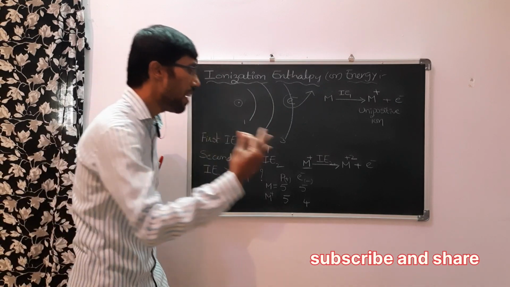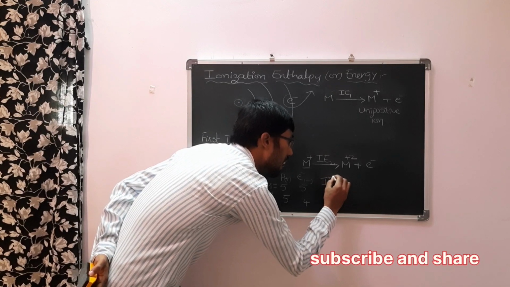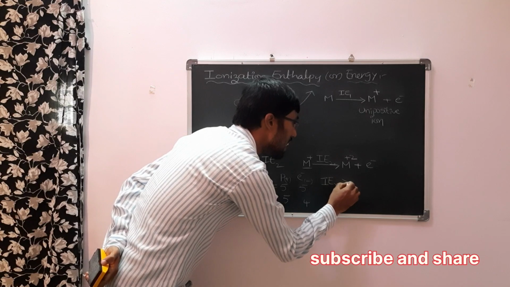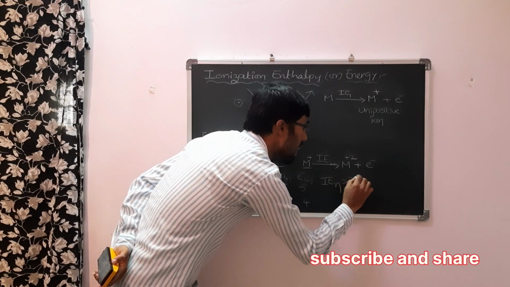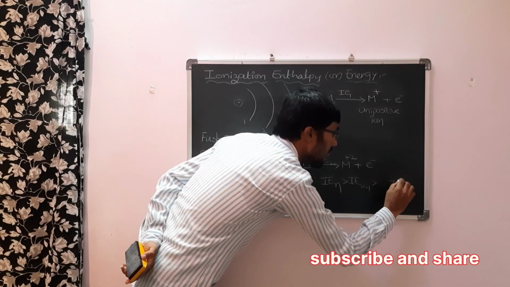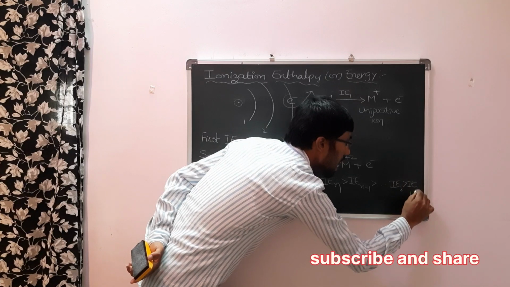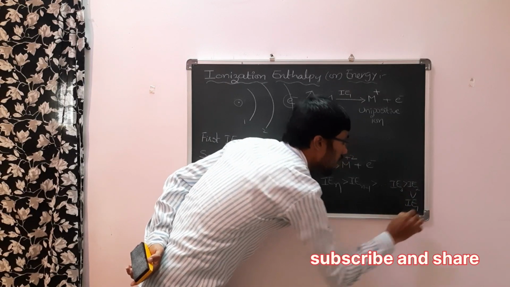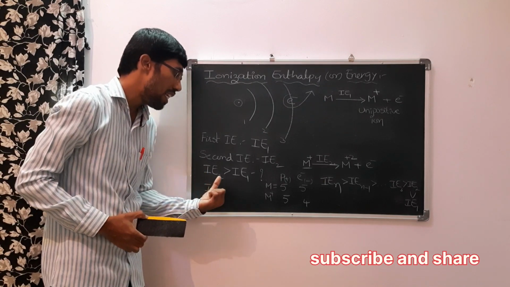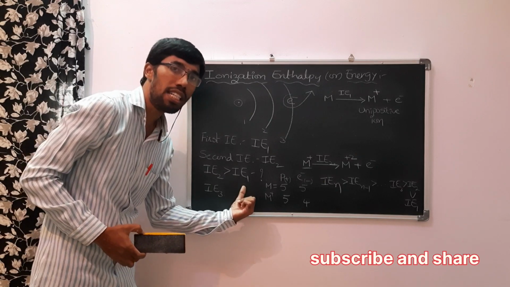For the removal of the nth electron, the energy is represented as IEn, which is always greater than IE(n minus 1). So IE3 is greater than IE2, which is greater than IE1. The second ionization energy is always greater than the first ionization energy.